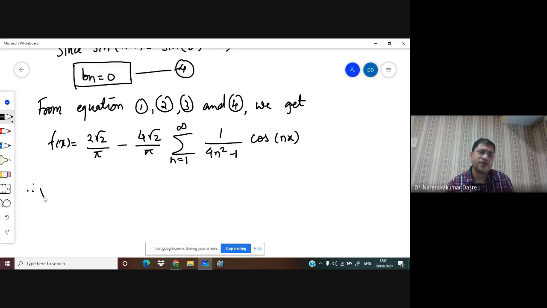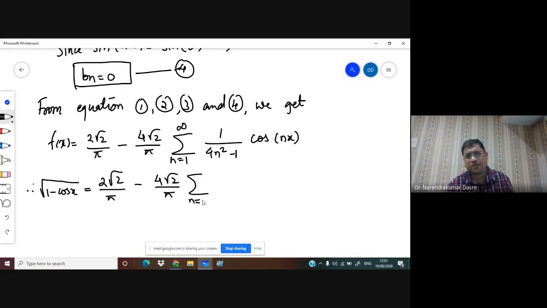So we can write this as root of 1 minus cos x is equal to 2 root 2 upon pi minus 4 root 2 upon pi, and here we have summation n running from 1 to infinity 1 upon 4n square minus 1 into cos of nx. This is equation 5.